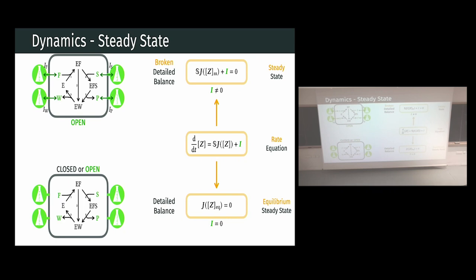So there are systems that, despite being open, can reach an equilibrium condition, and at equilibrium, the exchanges with the environment stop, because we don't need to balance the concentrations anymore, because the reactions stop occurring.